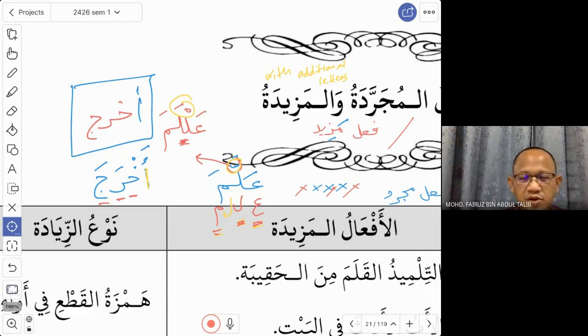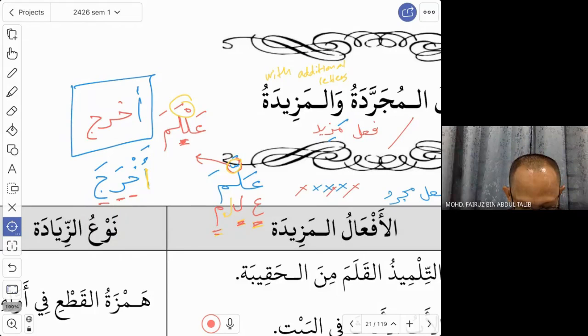What is the importance of knowing whether this is mazid or mujarrad? Previously, when we used the traditional qamus, the physical dictionary, to look for words with additional letters, for example akhraja, you cannot find the word unless you know the root word.